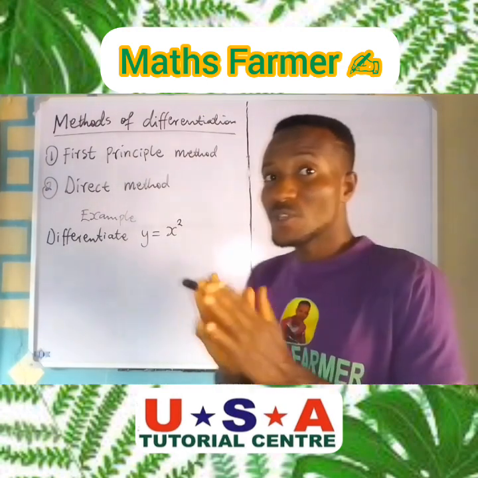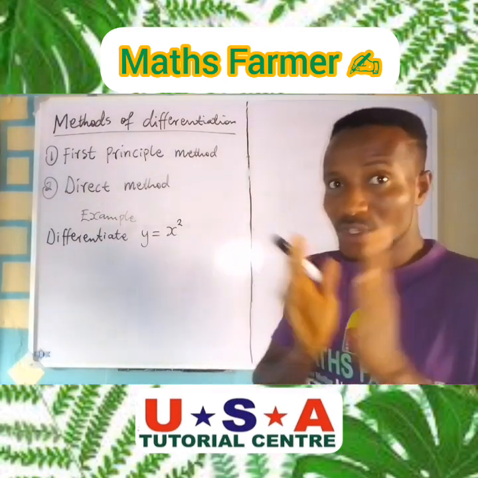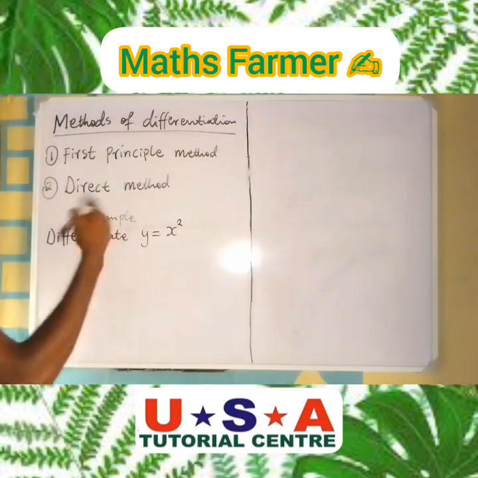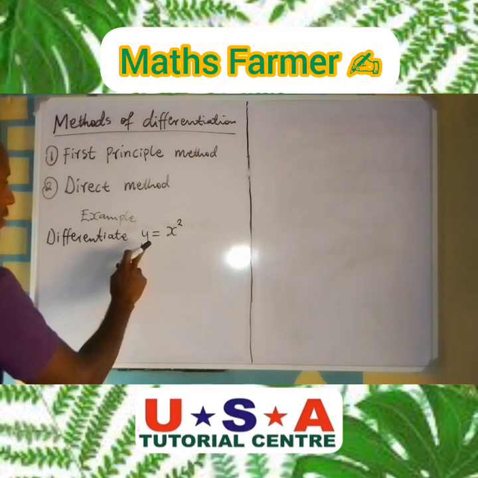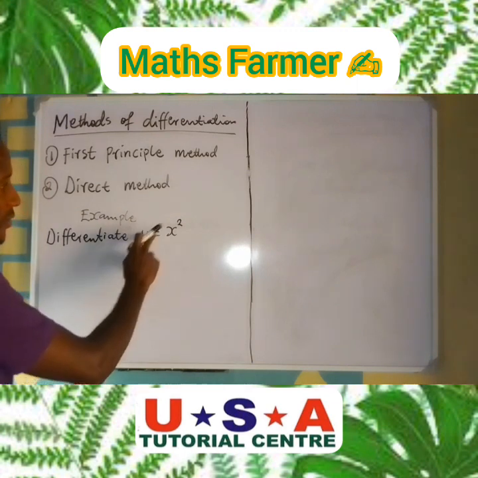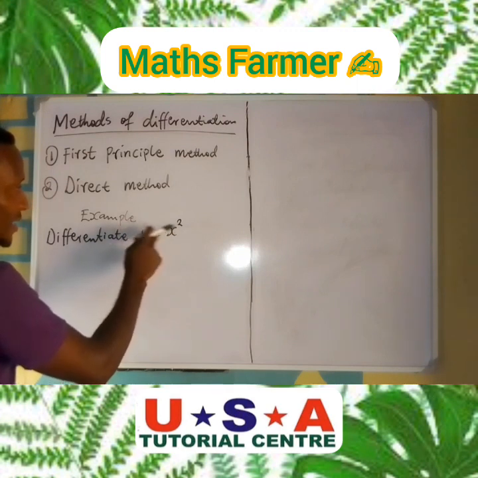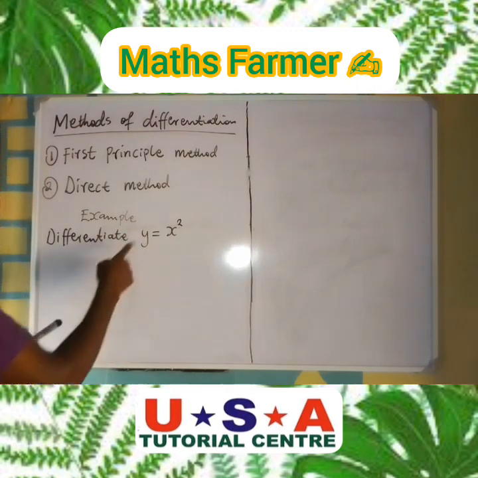Now, if you want to use the first principle method, you follow these steps. The first thing, increase y by delta y, and also x by delta x, and add them to their respective sides.